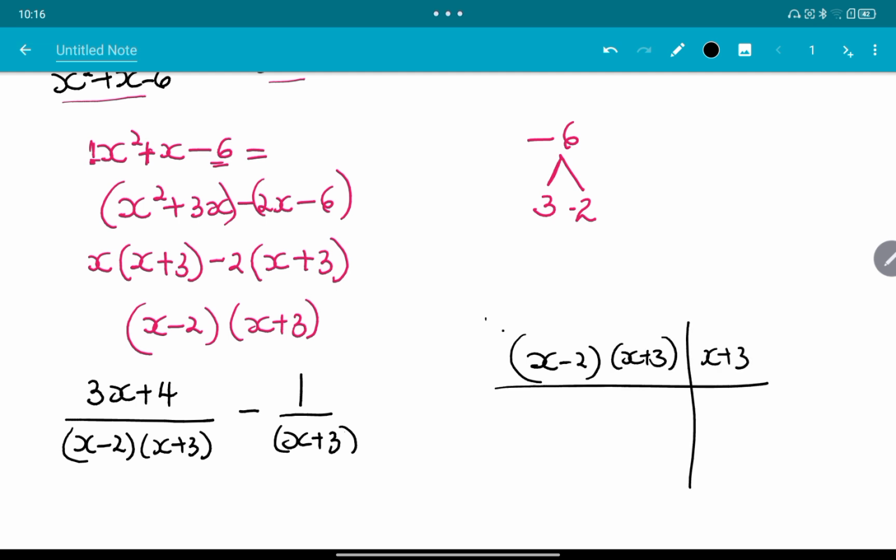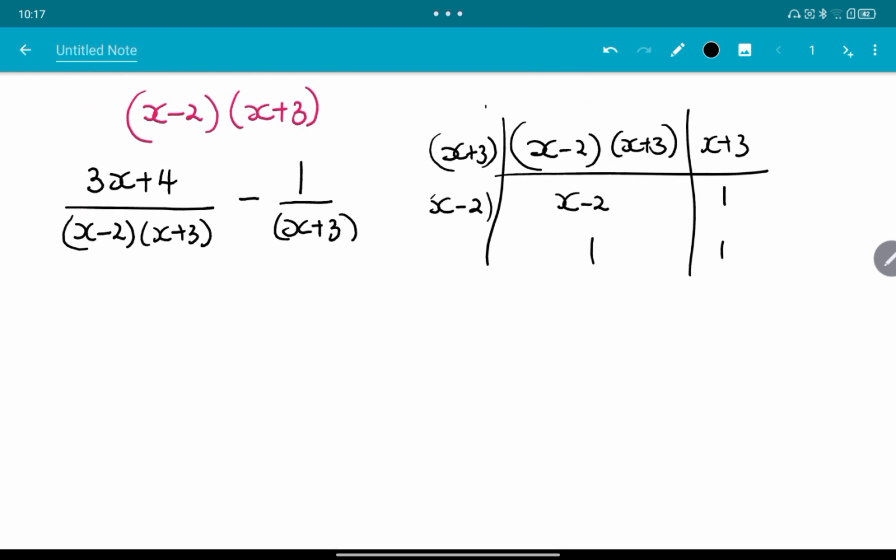You get the common factor. So in the first part, x plus 3 is common, right? So what do I remain with here? x minus 2, and this is 1. Then I pick the remaining factor. So the LCM becomes, therefore, x plus 3, x minus 2.